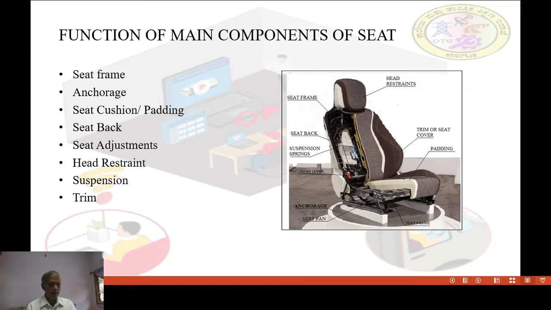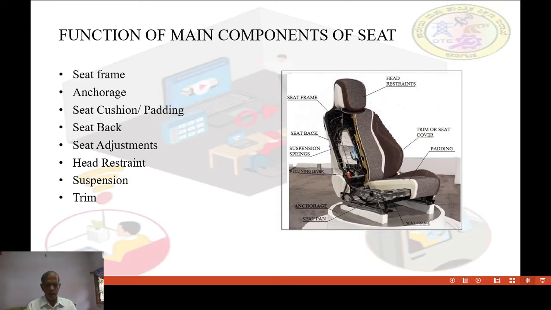Next part is seat back. It is the part of seat which is vertical or somewhat inclined and supports the driver's lumbar, shoulder and head. At the top of seat back, generally a head restraint system is mounted.